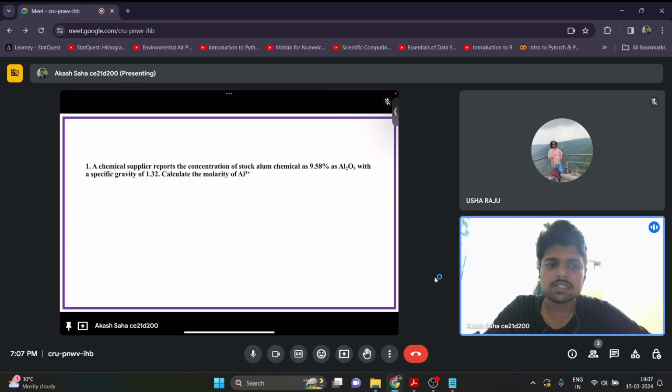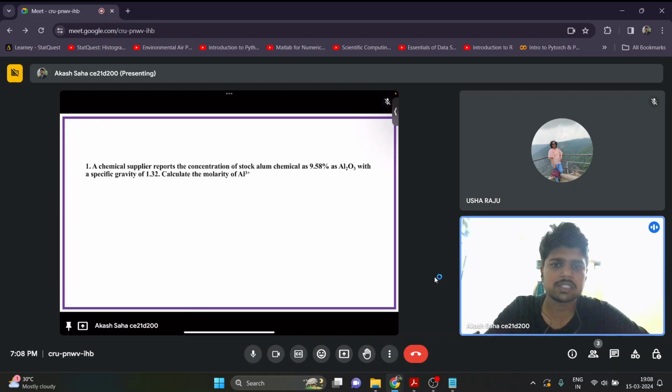So this is the first question. It says that a chemical supplier reports the concentration of stock alum chemical as 9.58% as Al2O3 with a specific gravity of 1.32. What will be the molarity of Al3+ ions?